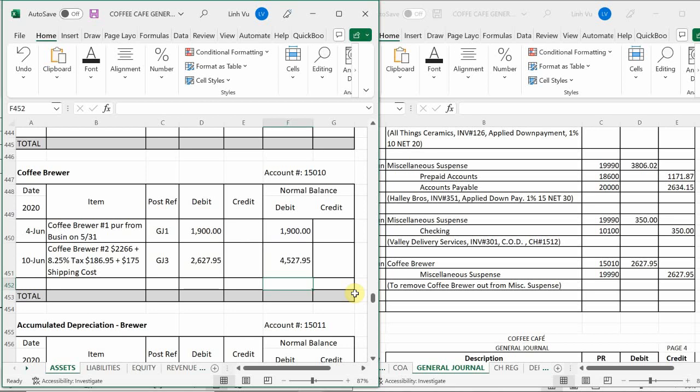What are you updating? No, you already have your coffee brewer in there, but are you adding to it the cost? My coffee brewer is ready to go. Okay, so then you already have it. All the costs are already included. Correct. My question is, do I need to update my subsidiary ledger?